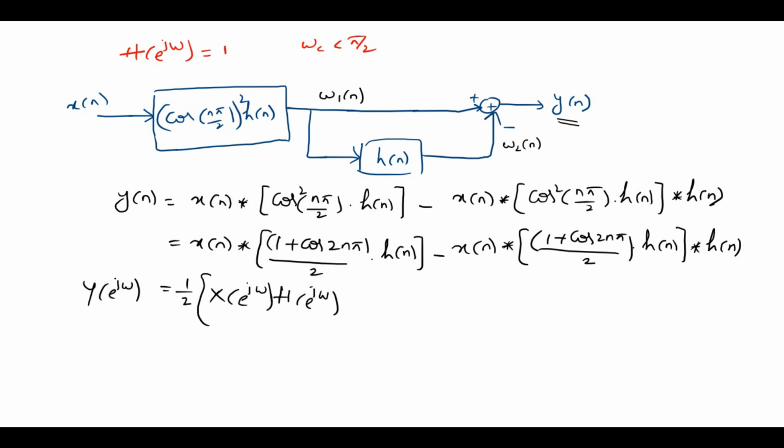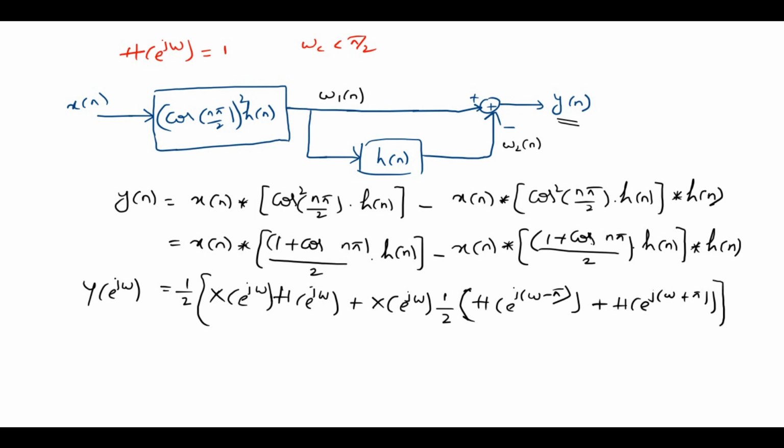The second term is x of n convolved with cos 2n pi into h of n, so that is x of e power j omega multiplied with the cos, which is nothing but a shift in frequency: 1 by 2 times h of e power j (omega minus pi) plus h of e power j (omega plus pi). This is simply the convolution result of the first term.